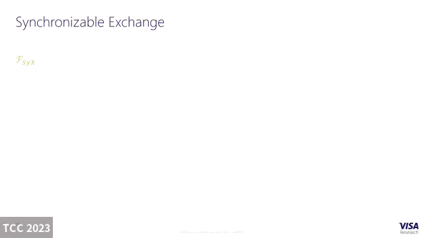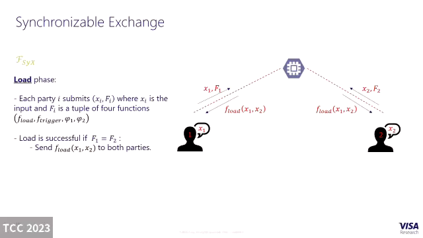This brings us to synchronizable exchange, which is a cardinality 2 primitive. It is a reactive primitive that works in 2 phases. The first phase is called the load phase, where each party i submits their input x_i along with a tuple F_i of 4 functions: f_load, f_trigger, phi_1, and phi_2. If the tuples of both parties match, then the load phase is successful and both parties receive f_load applied to their inputs.